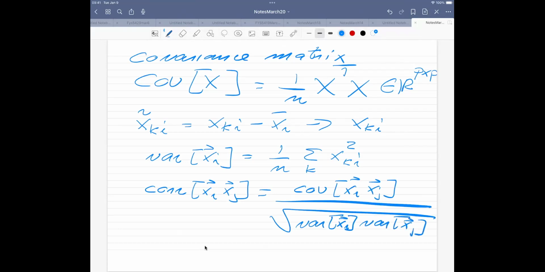So that means that on the diagonal, we will only have ones. So it can actually take values between 1 and -1, depending a little bit on the covariance element. But the variance is always a positive number. So the correlation matrix takes a very simple form with ones along the diagonal.